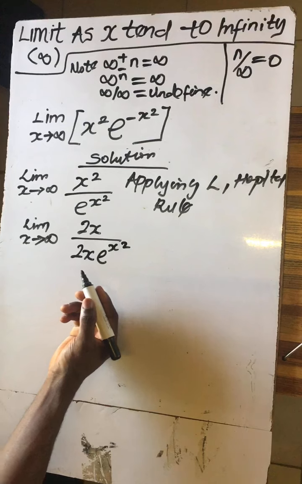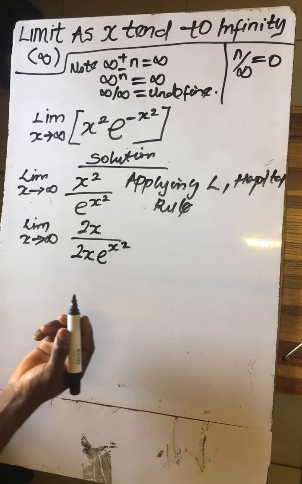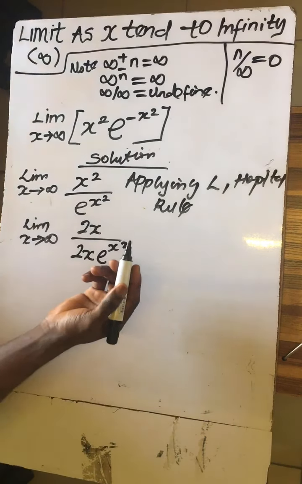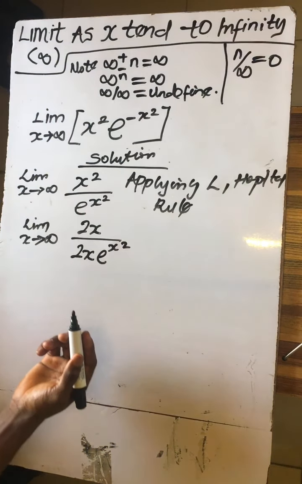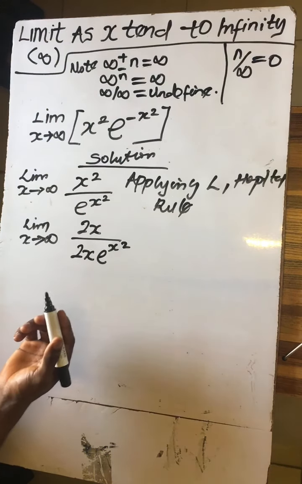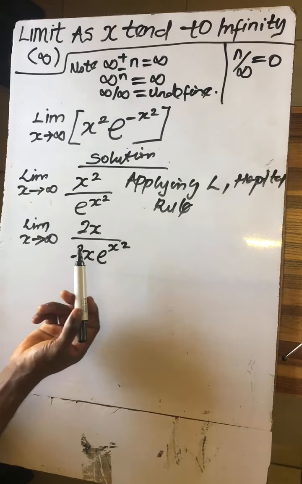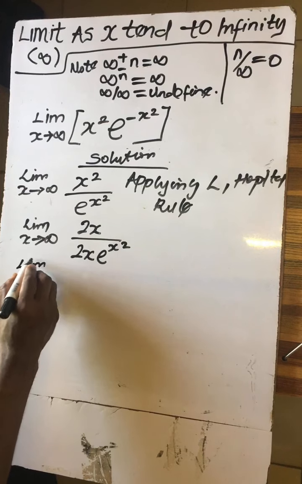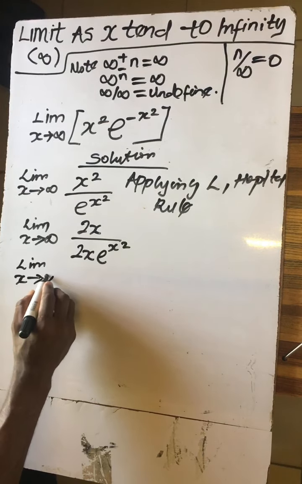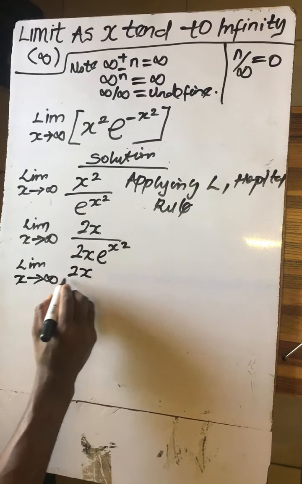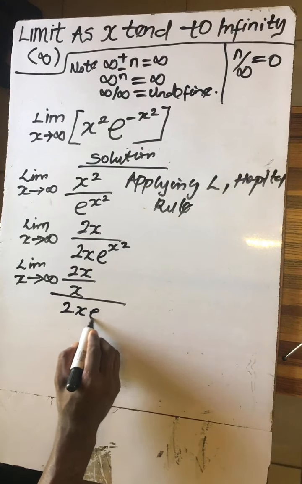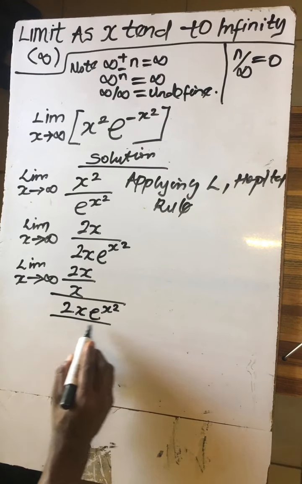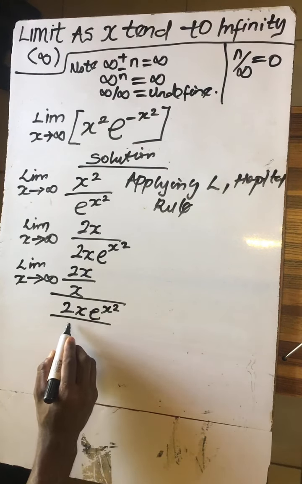So now the next thing to do is to divide by the variable that has the highest power, and the variable that has the highest power here is x. So all we have to do is write the limit as x tends to infinity, 2x divided by x, divided by 2x exponential x to the power of 2 divided by x also.